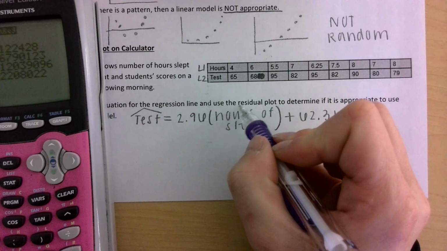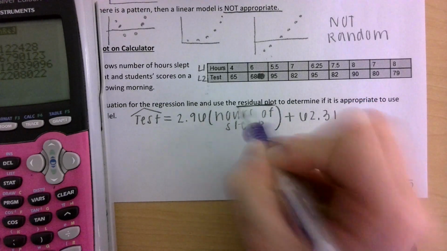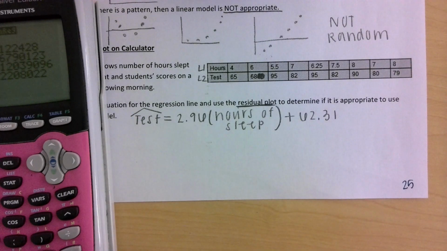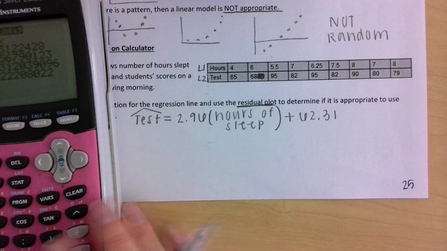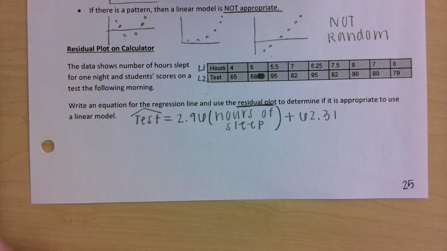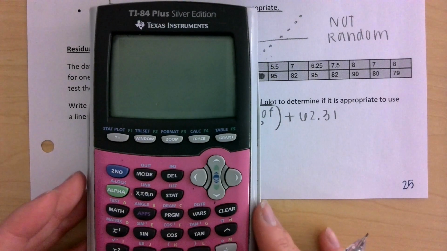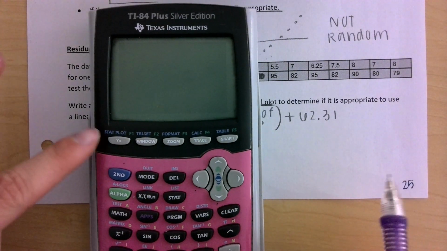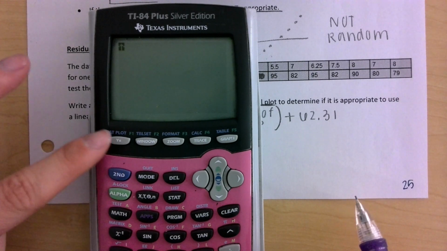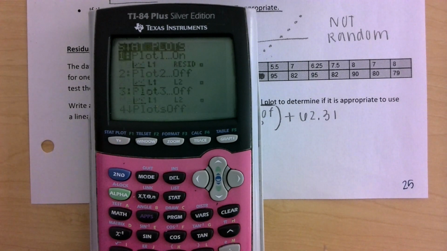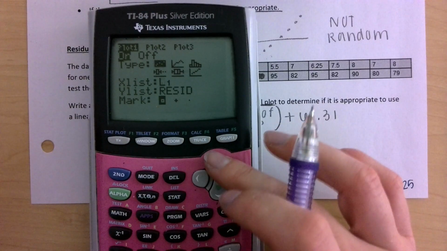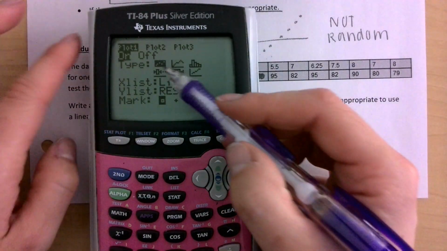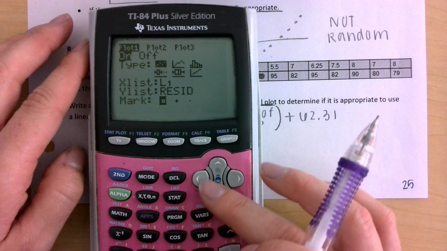Okay, the next thing that we want to do is actually create a residual plot to determine if it's appropriate to use a linear model or not. So to create a residual plot, we're going to edit our stat plot. This is where we make all of our graphs. So second y equals. First thing you want to do is make sure you have a scatter plot chosen. So that's this first one.